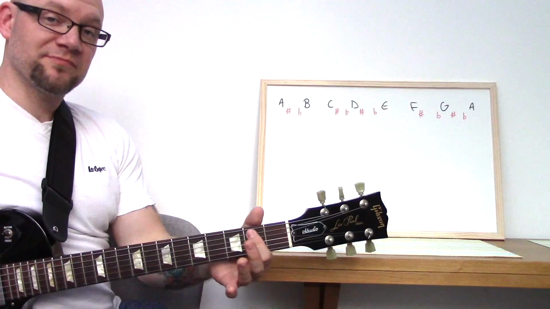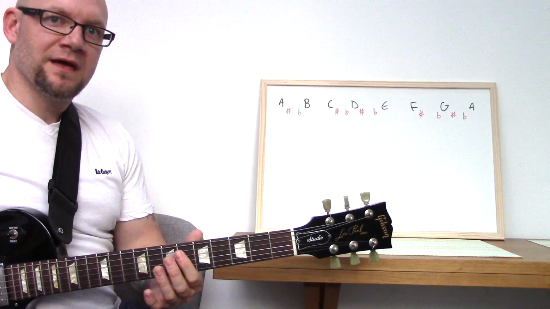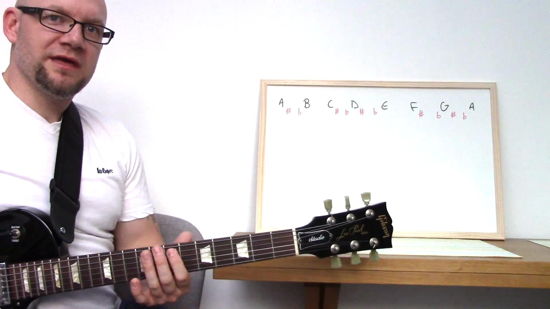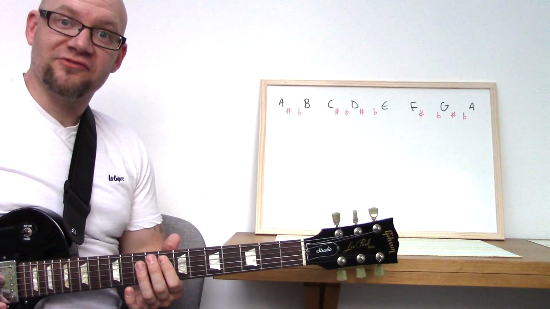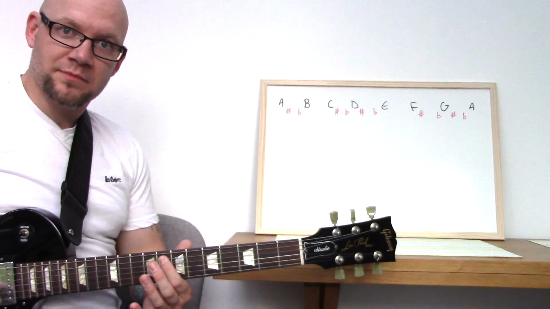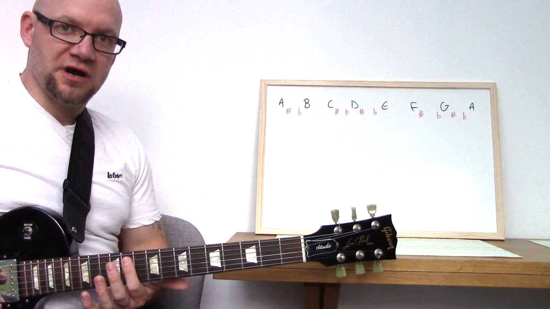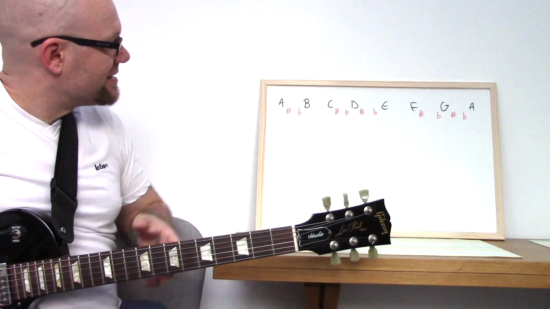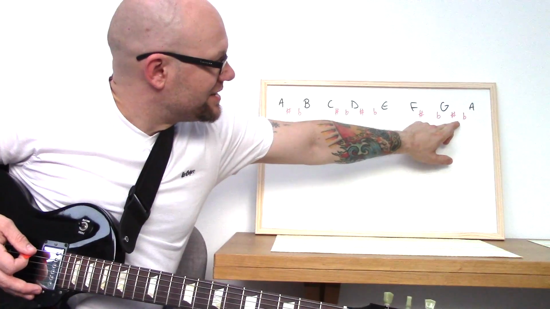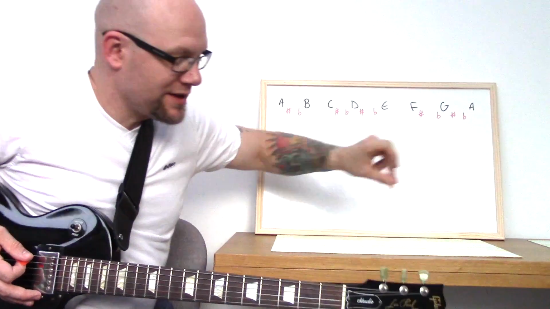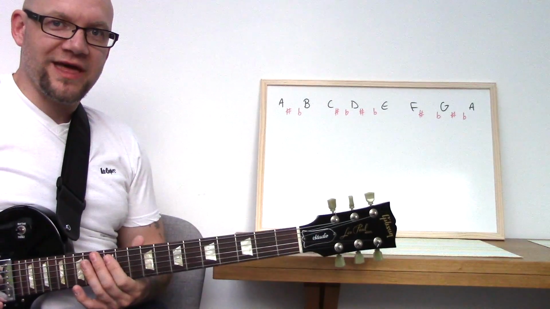C, so it just goes B, C, C sharp, D, D sharp, E. Again, there's no sharp in between E and F, so we're going to play straight to F from E, F sharp, G, G sharp, and then we're back to the beginning. Now normally I wouldn't put that there, but I just wanted to demonstrate that there is a sharp or flat in between the G and the G sharp, the G and the A. So back to the A.